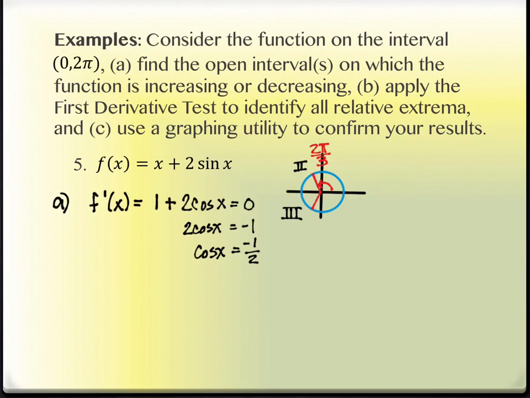Okay, is that all right with everyone? 2 pi over 3? If you don't remember, you can check it real quick. Grab your calculator. As long as you're in radians, type in cosine of 2 pi over 3. Did it give you negative 1/2? Wonderful. So you can use your calculator to check too.